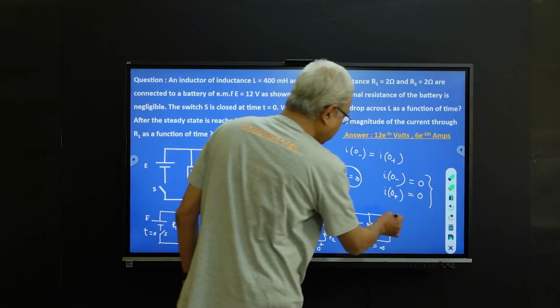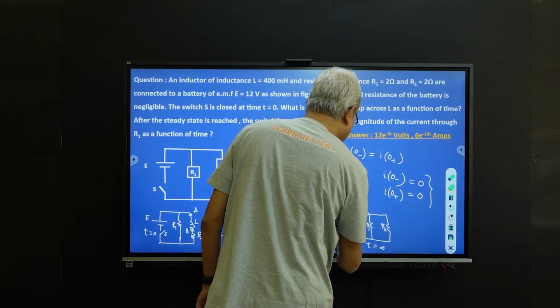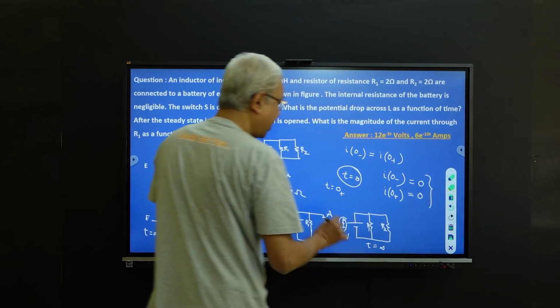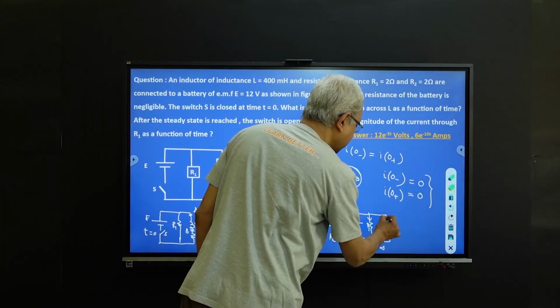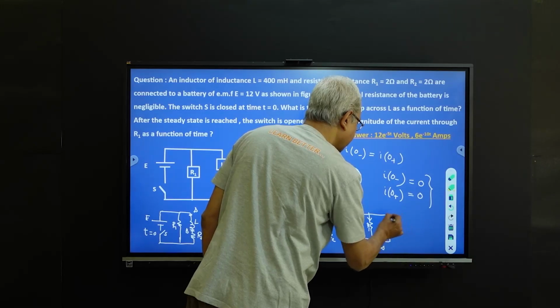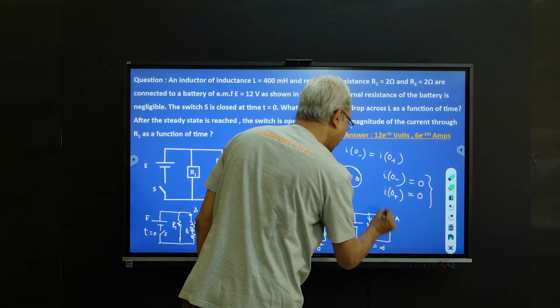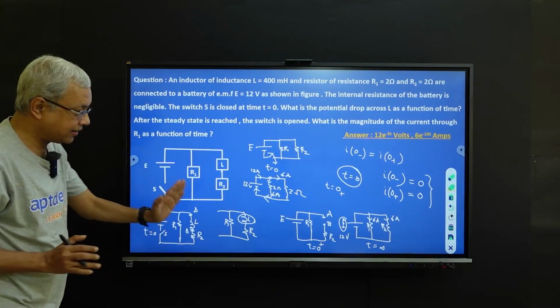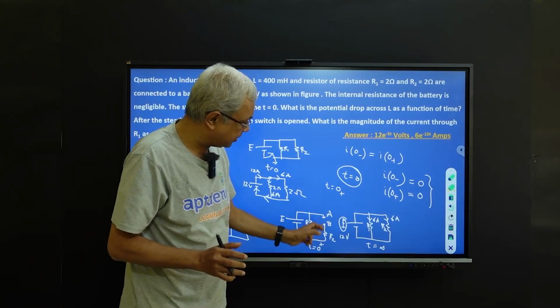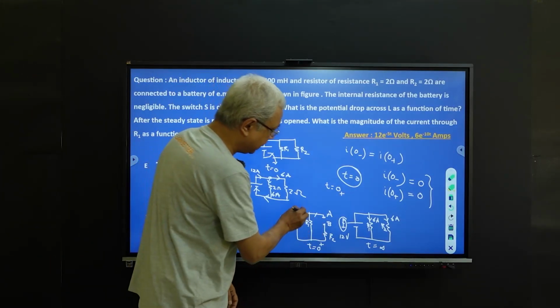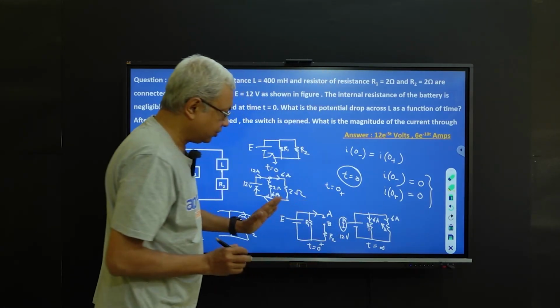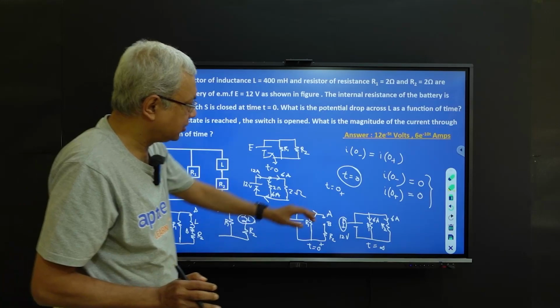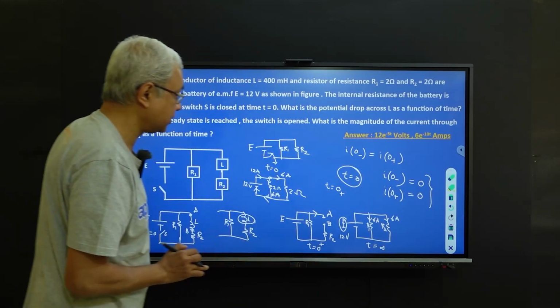Since E is 12 volt, and R1 and R2 both are 2 ohm each, in each branch 6 ampere current flows. So at t equal to 0, there is no current in this branch. But when sufficient time has passed, 6 ampere current flows through it.